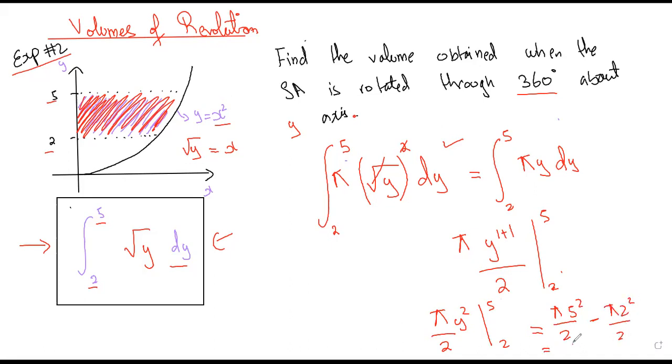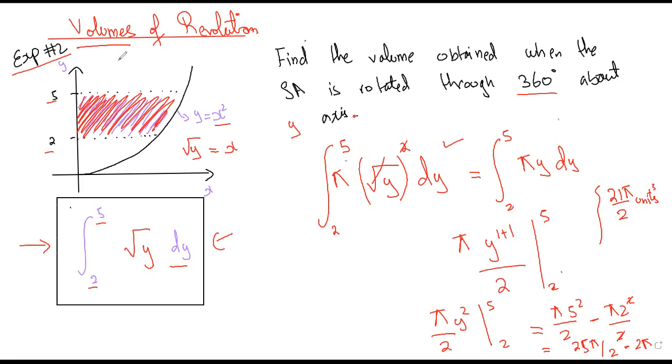So it is going to be 25 pi by 2 minus 2 pi. And the final answer is going to be 21 pi by 2 units cubed, not square, cubed, because this is volume, right?